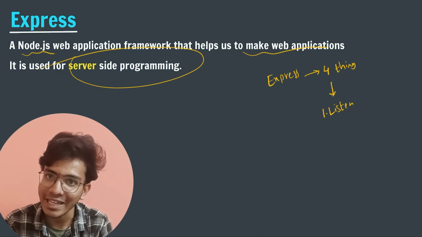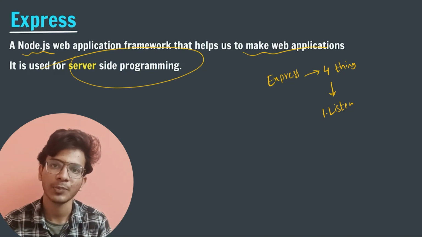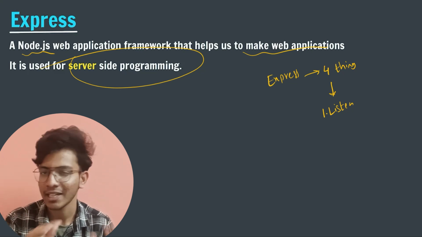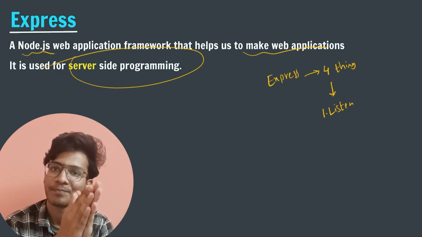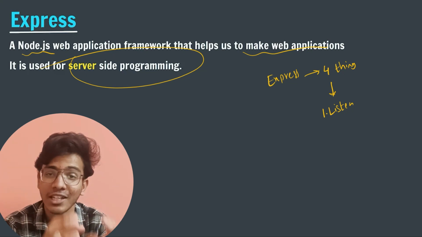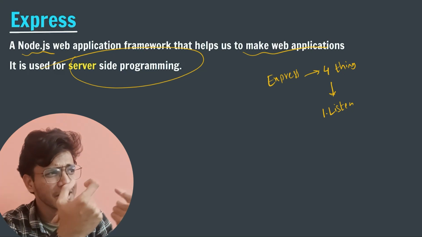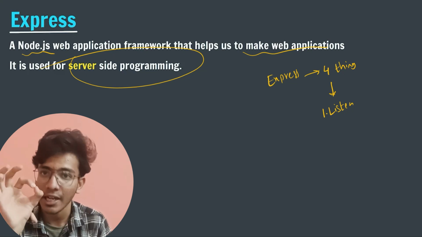It listens every time. Whenever you send something, the only work of Express is to listen, like having ears. It listens for upcoming requests and checks whether some request is coming in or not. The first work of Express is that it will listen.